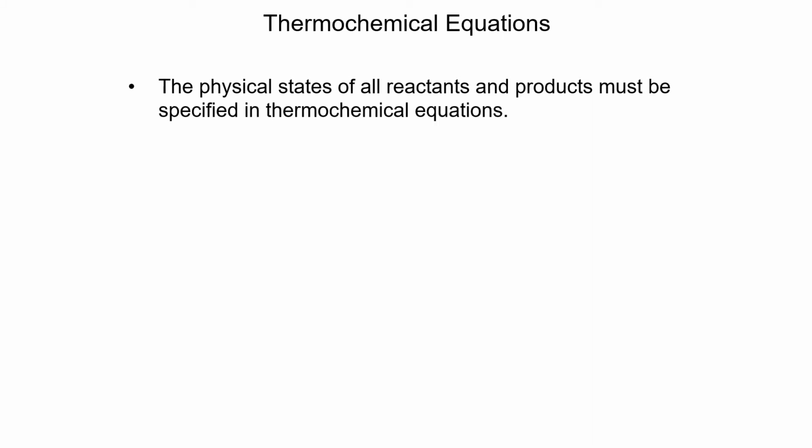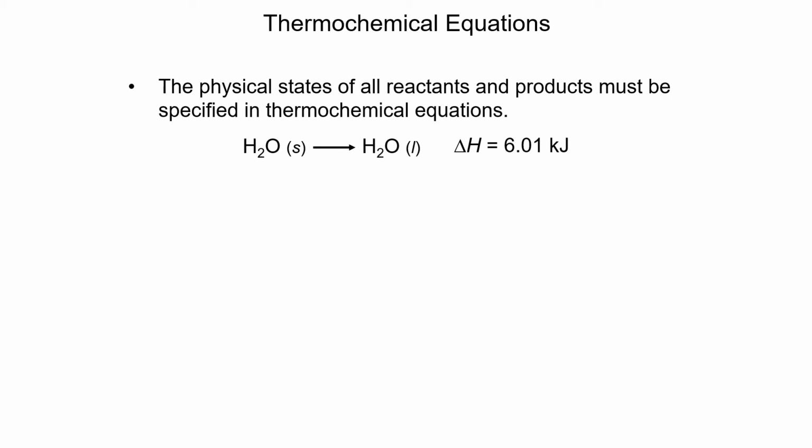So the physical states of all the reactants and products must be specified in thermochemical equations because their state affects their delta H's. And we'll see that when we work some other problems.